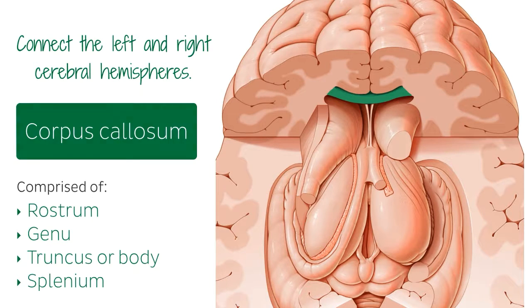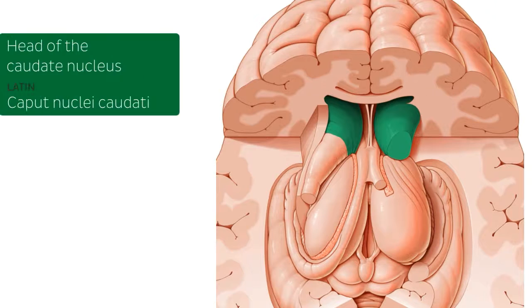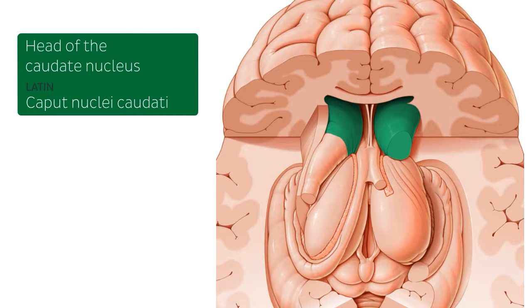Another important structure that we see in the lateral ventricles and close to the corpus callosum is this paired structure here known as the caudate nucleus. This is one of the two nuclei, the other being the lentiform nucleus, that makes up the corpus striatum, which is part of the basal ganglia.